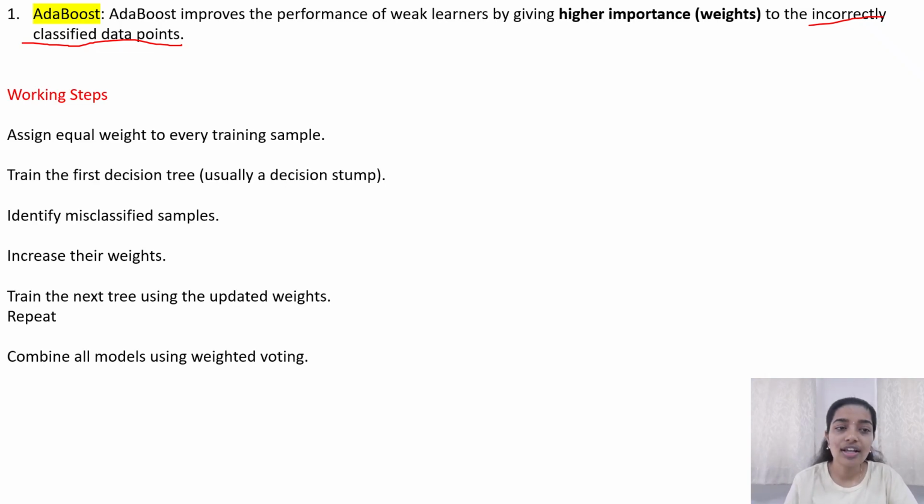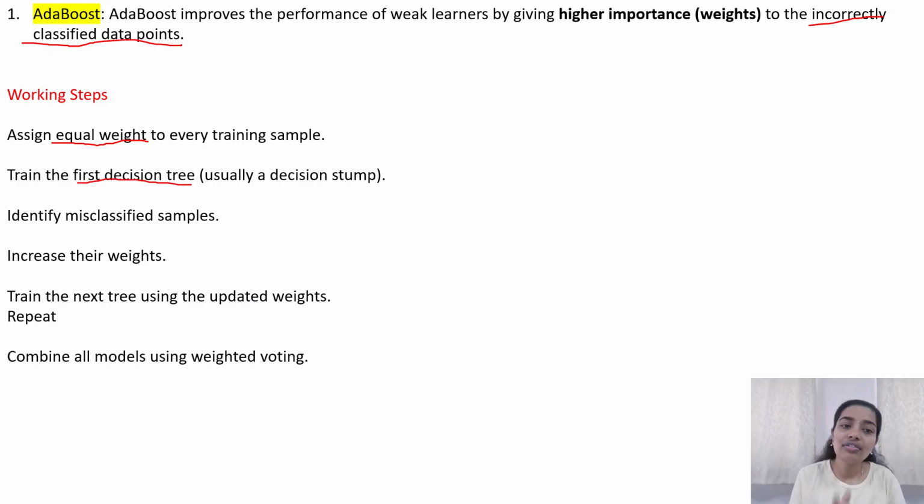These are the working steps of AdaBoost. When we start, every single point has equal weight. Then we train the first decision tree. Usually we consider decision trees or random forest, though random forest is actually a bagging technique, but just for an example, let us say we have different decision trees.